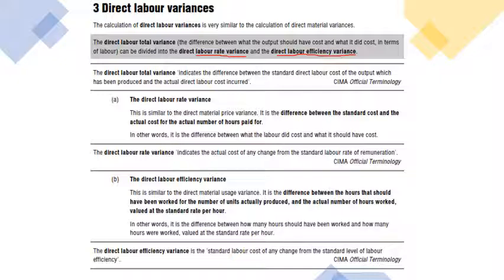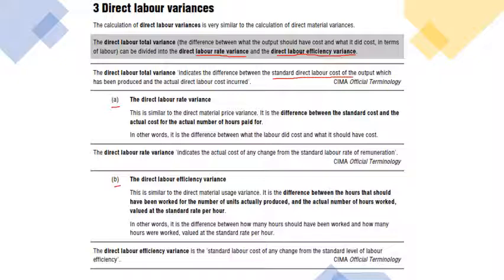So the direct labor total variance indicates the difference between standard direct labor cost and actual direct labor cost, irrespective of the rate of labor and the number of hours worked. It explains the total labor cost which should have been incurred against the actual direct labor cost incurred. Further it is divided into two parts. One is direct labor rate variance, the other is direct labor efficiency variance.